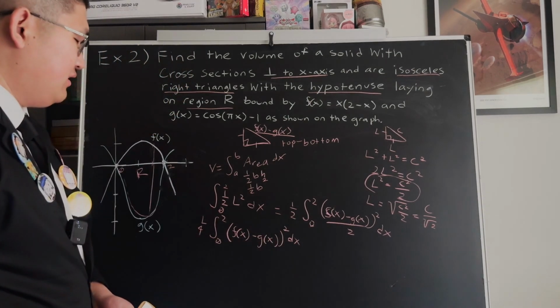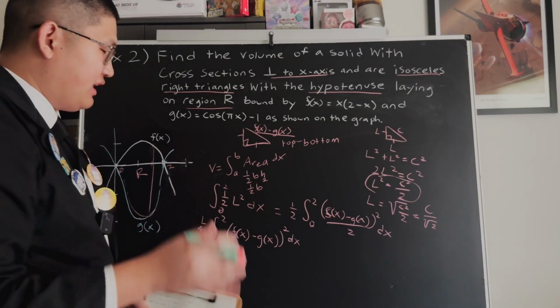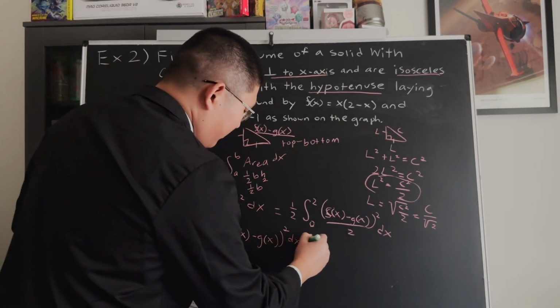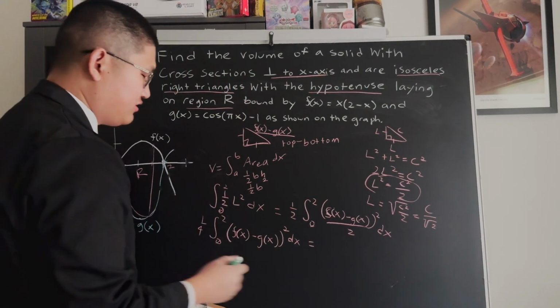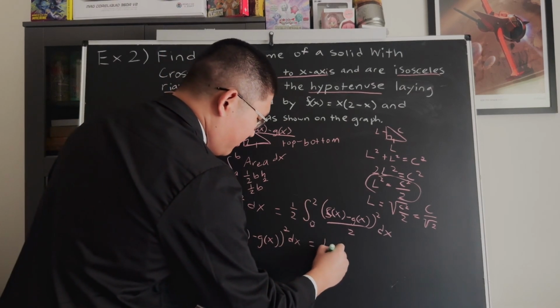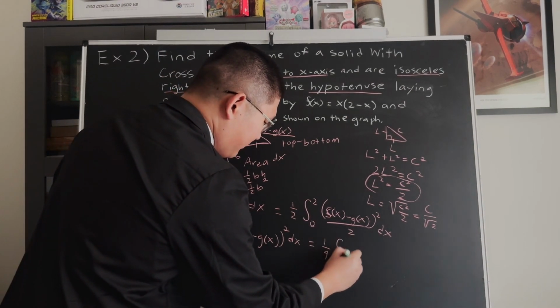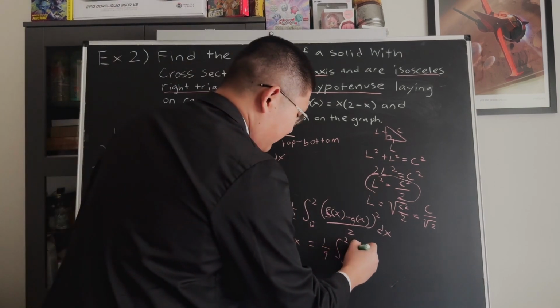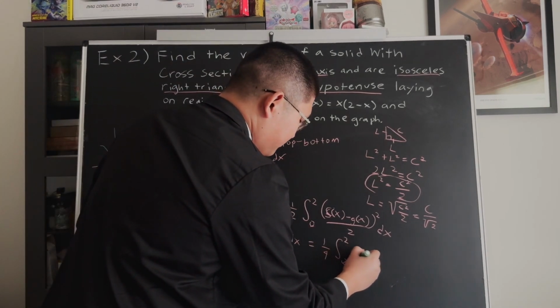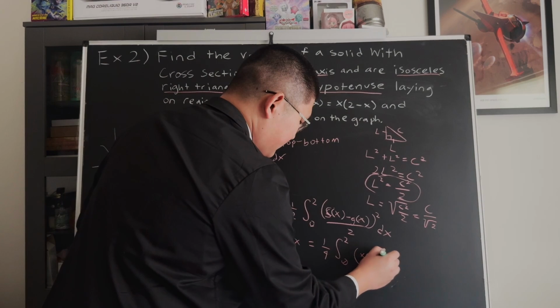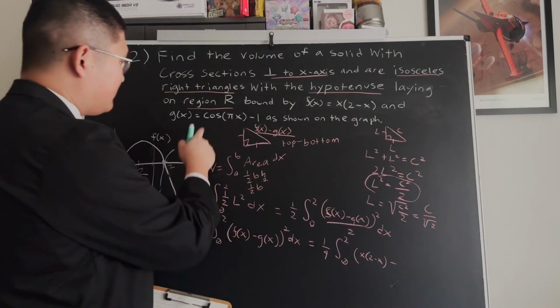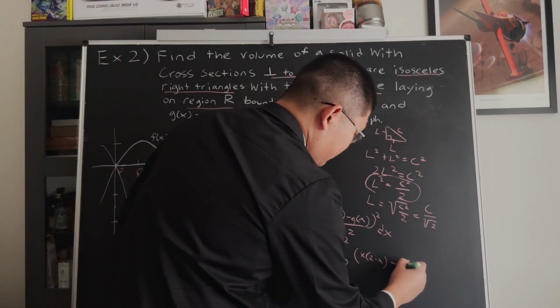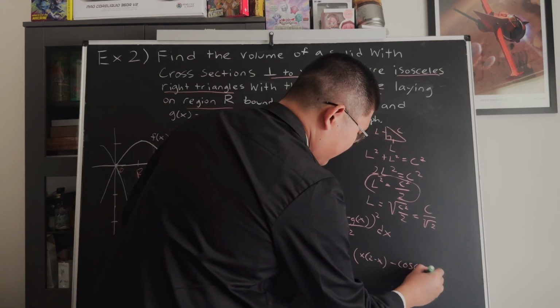Okay? So for something that we are ready to put into the calculator, if we want to set up the entirety using the actual functions themselves, then we end up with 1/4 multiplied by the entire definite integral going from 0 to 2. Now we have f of x already labeled as x multiplied by 2 minus x, and then subtracted by g of x, which is the cosine of pi times x.